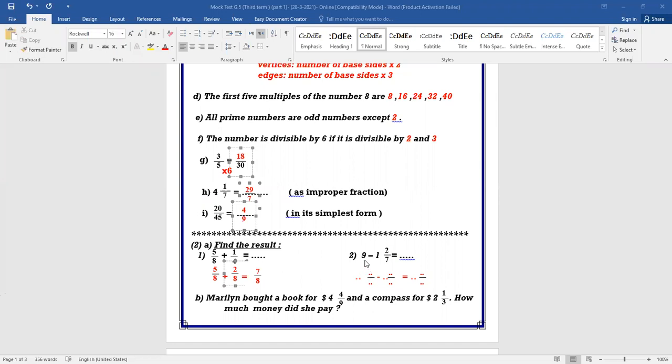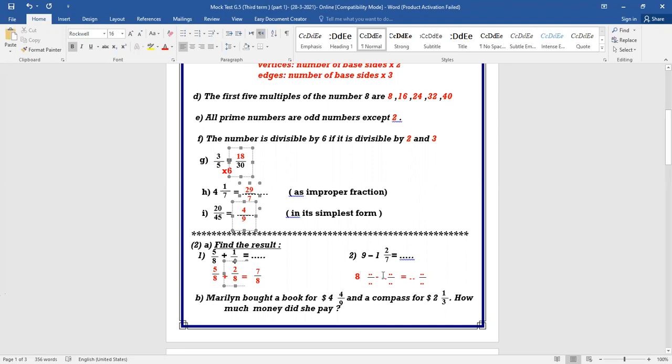9 minus 1 and 2 out of 7. 9 is a whole number. I think in this case we borrow 1 from the whole number, from 9. It will be 8.